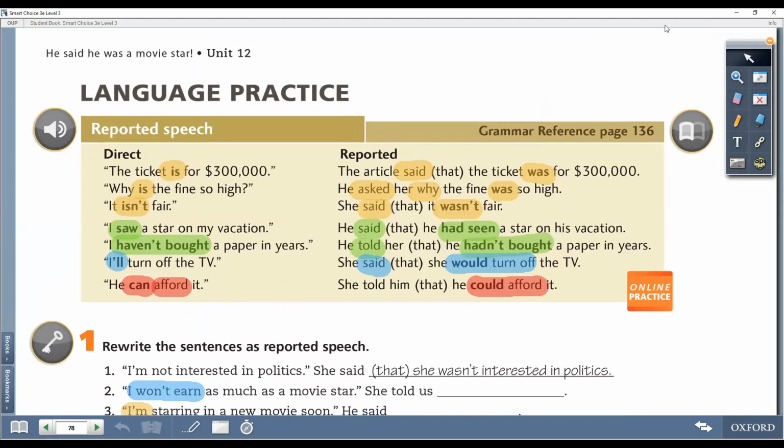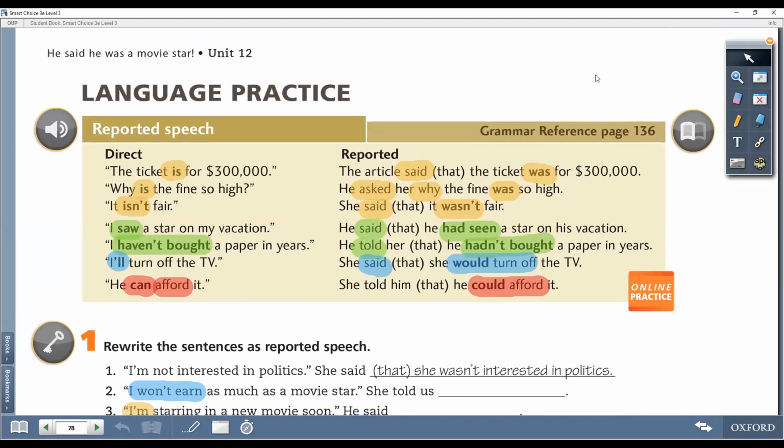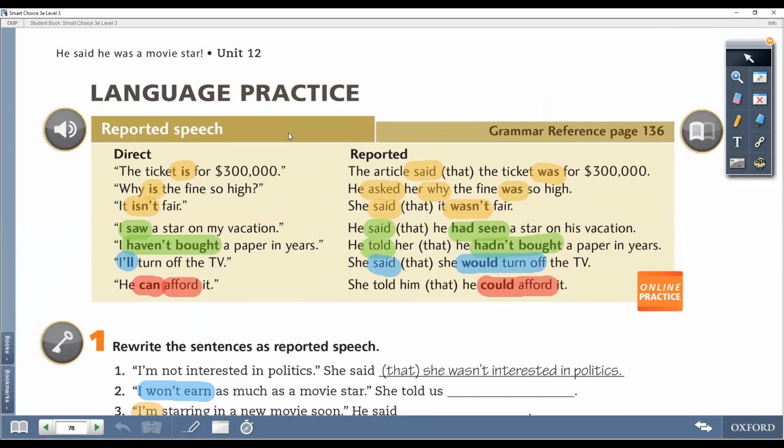All right. Okay, people. So today we will talk about how to tell someone what somebody told you, or how to report, how to say, oh, listen, she said this and that. Or, oh, he said this and that.